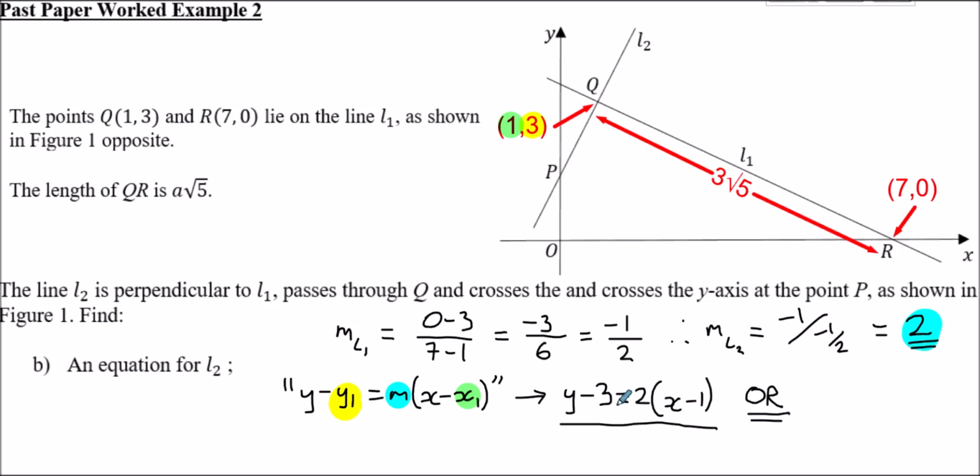So if you wanted to rearrange this, we could expand out of the brackets to get 2x minus 2, then add 3 to both sides to get y equals 2x plus 1.